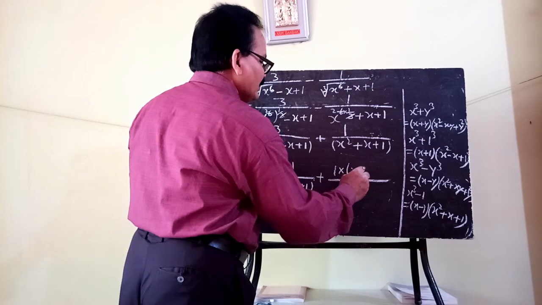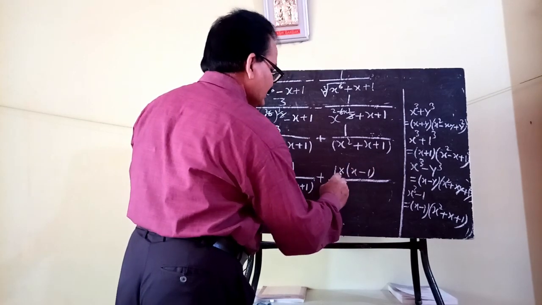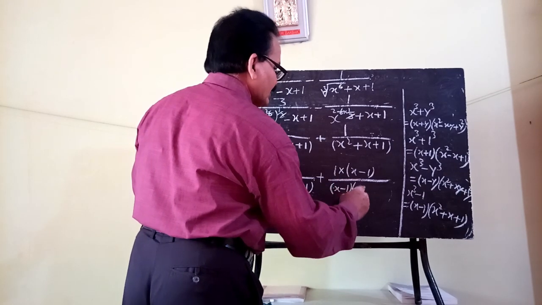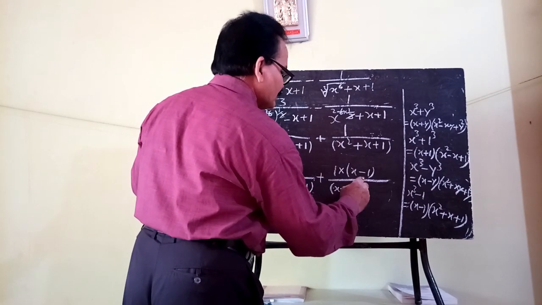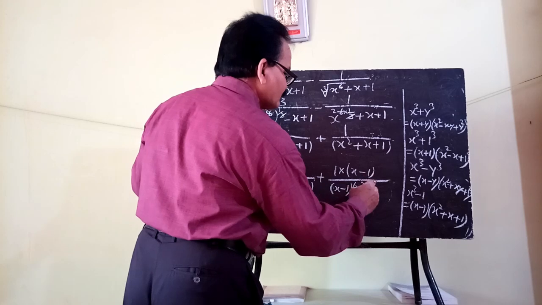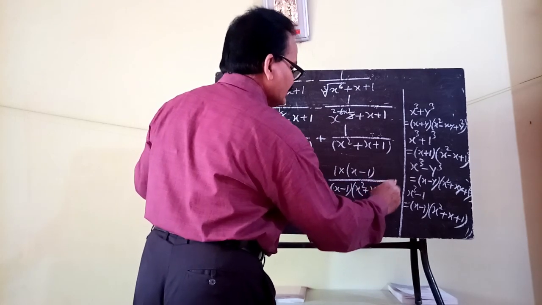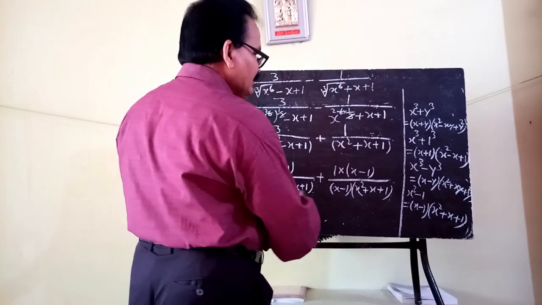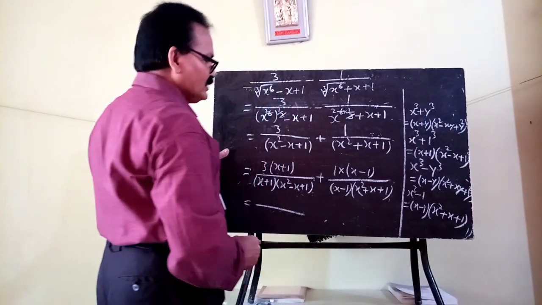So you multiply x minus 1 in the numerator and also in the denominator. And apart from that, x square plus x plus 1 is already with you. So after that you can use this formula directly.